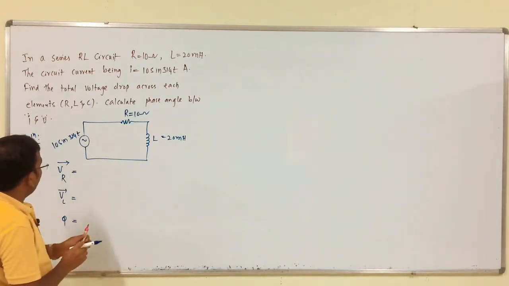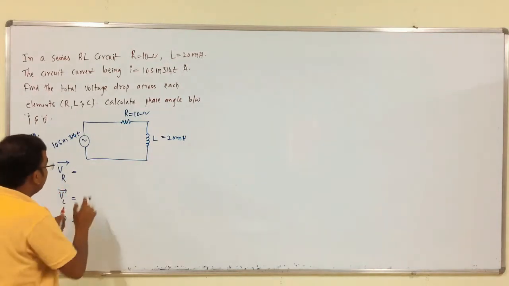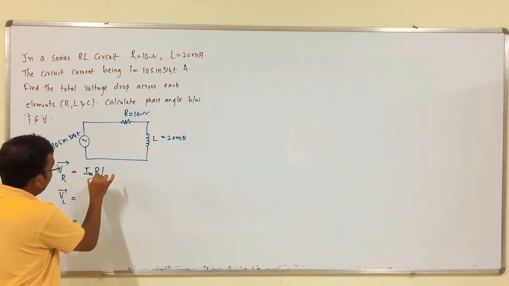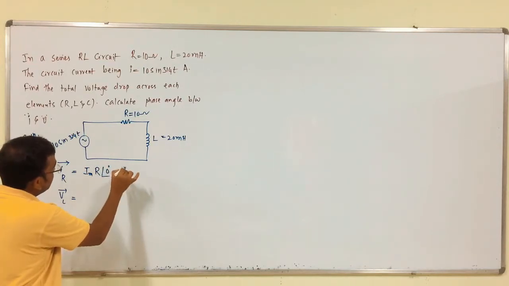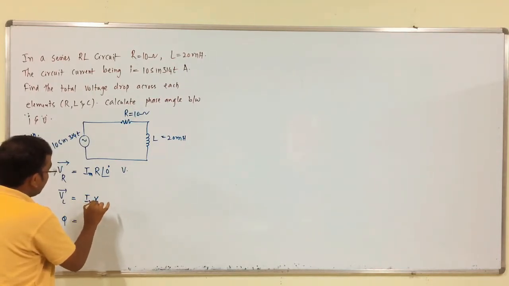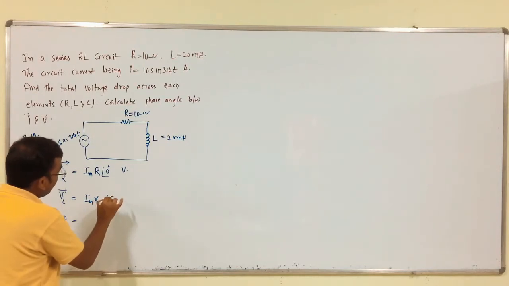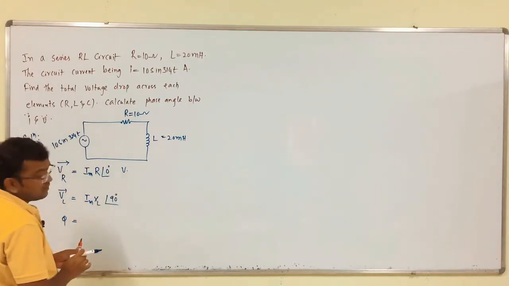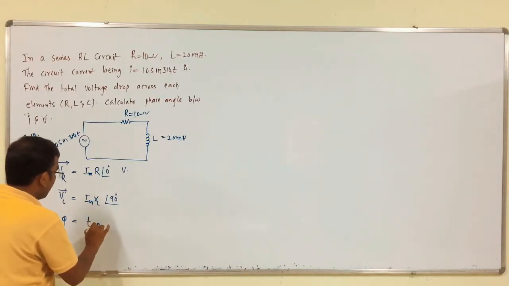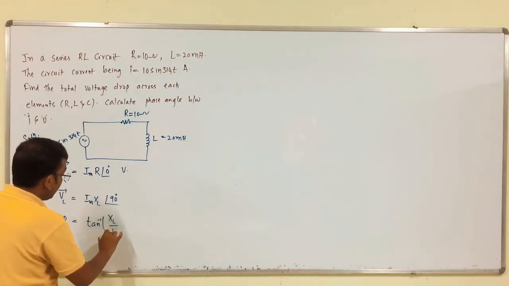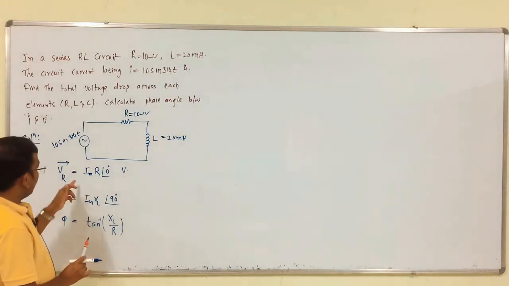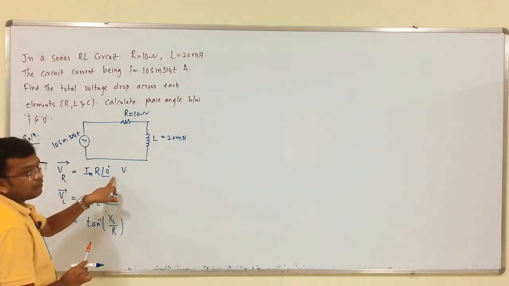We all know that the voltage across a resistor is the maximum value of current into R at an angle 0 volts. Like this, VL is Im XL at an angle 90 degrees, and the phase angle is tan inverse XL by R. Why is it 0 for the resistor?